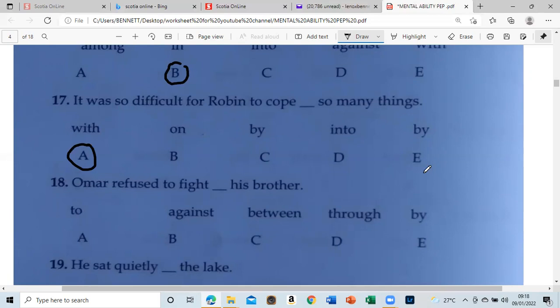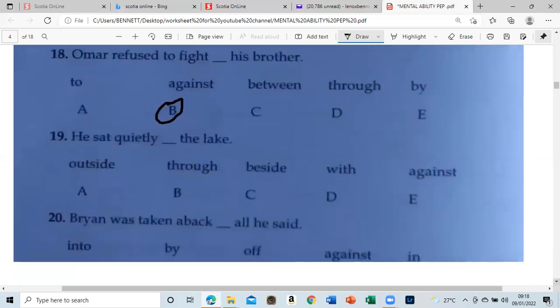Which is it? And the number 18 is B. Omar refused to fight against his brother. We all should, all right? We are all brothers and sisters, so we should not fight against each other. We're supposed to be loving each other.